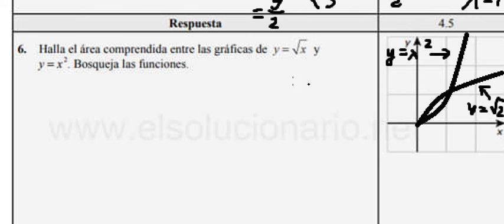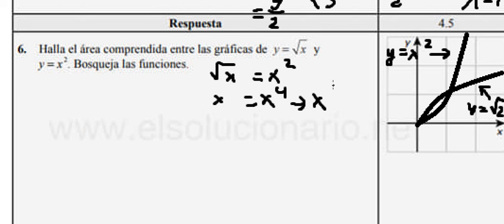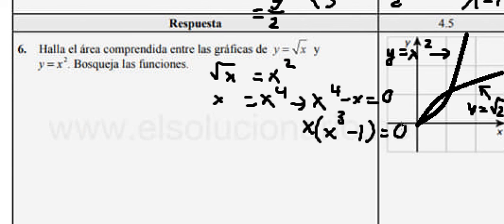So we need to find the intersection in here. So we square both sides. So we get x to the power of 4 minus x equals 0. So you get x to the power of 3 minus 1 equals 0. So we have two solutions. That's x equal to 0 and x equal to 1.